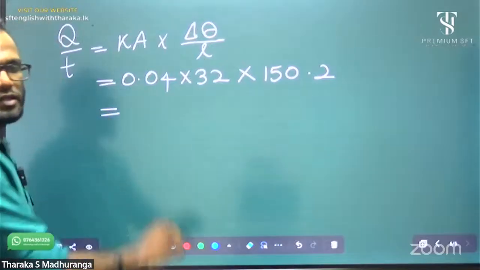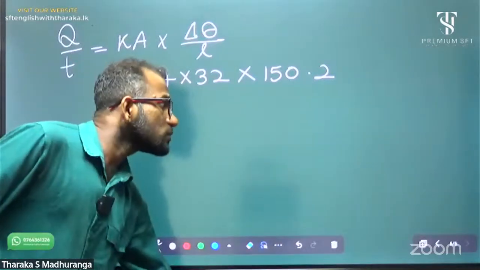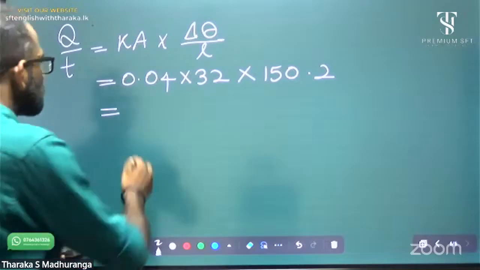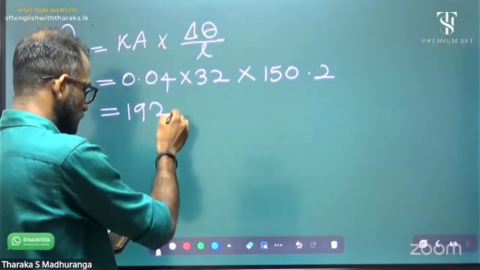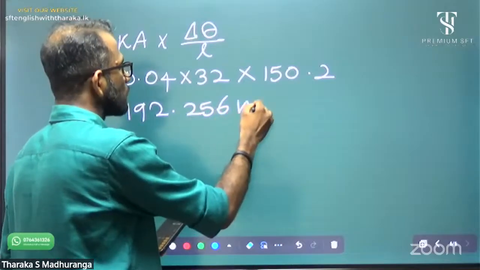Now you can get the thermal conduction rate. 150.2 into 32 into 0.04. 192.256 watt.